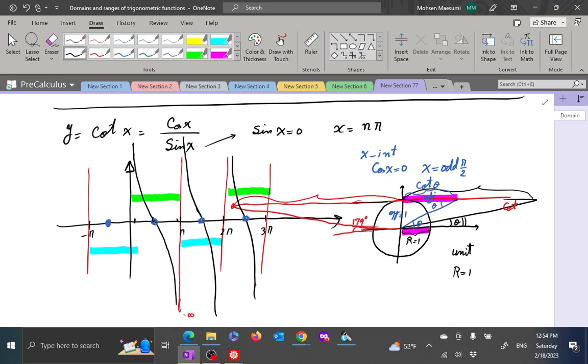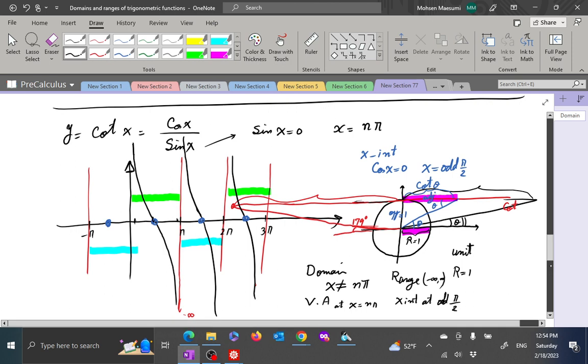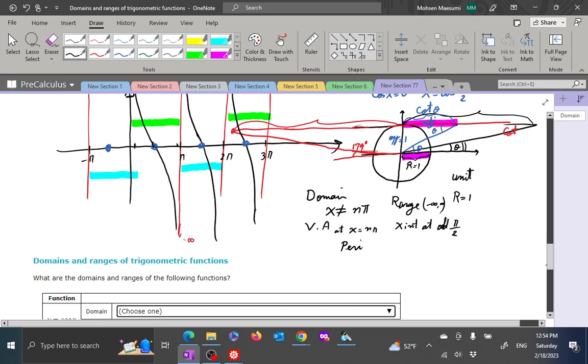So what we have here: domain, x other than n pi; vertical asymptote at x equal to n pi; range, again everything is in the range; x-intercept at odd multiple of pi over 2; and period, of course, we are going to come back to this.